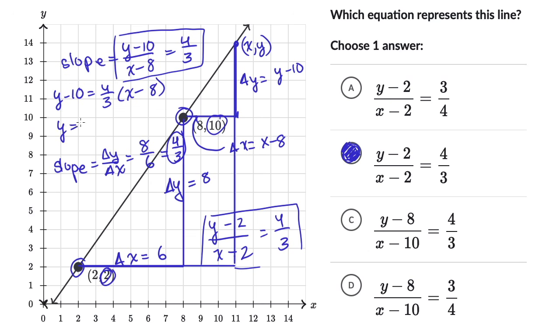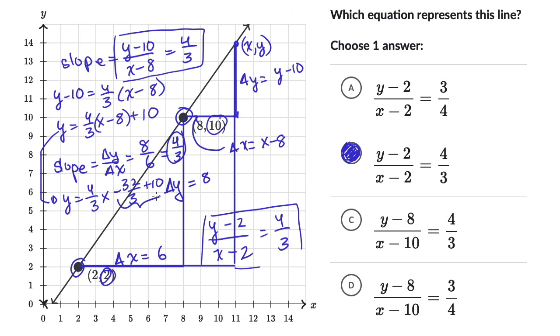I get y is equal to 4/3 x minus 4 times 8, which is 32, over 3, plus 10.